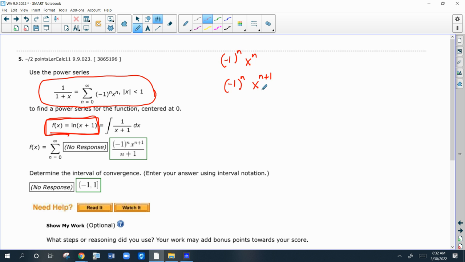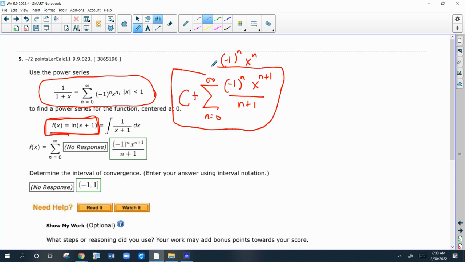Add 1 to the exponent, divide by n plus 1, and that's our power series for the natural log of x plus 1. Plus c. Almost forgot. The plus c is always annoying.